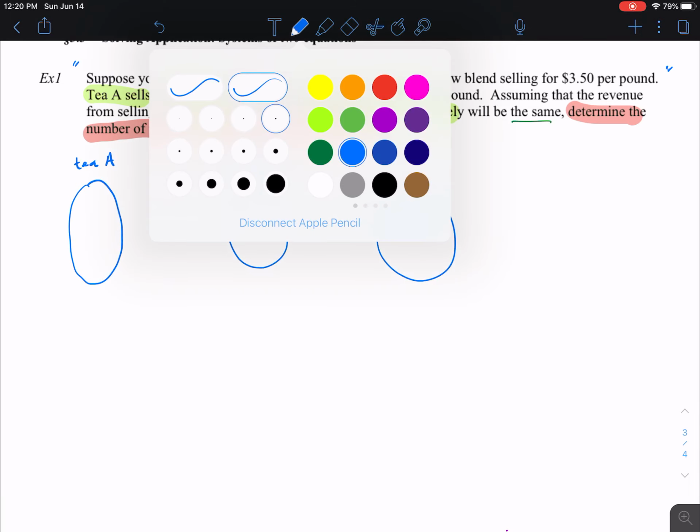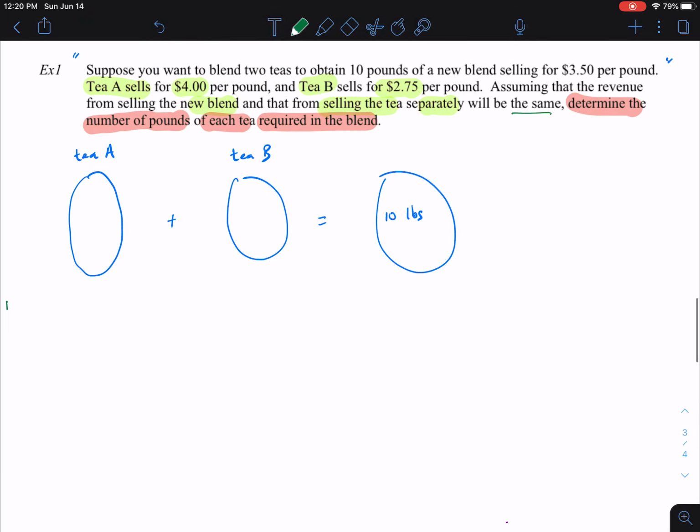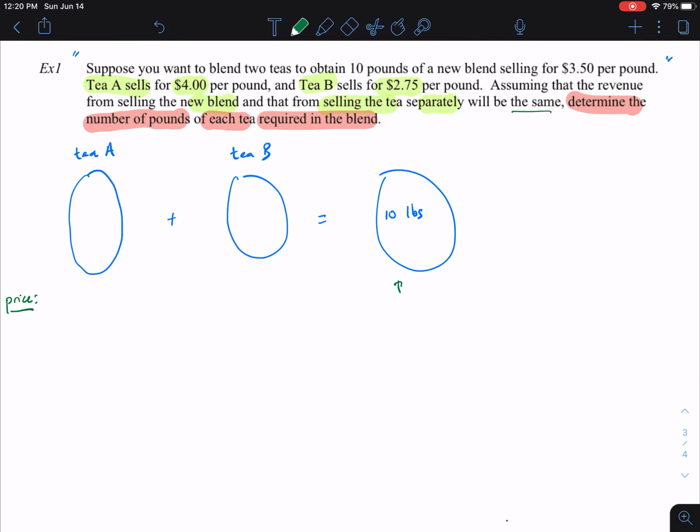When I mix them, I create this new tea. I want to sell that at $3.50 per pound. We're also given that TA sells at $4 per pound, and TB sells at $2.75.